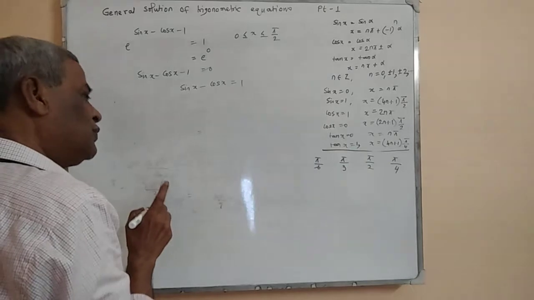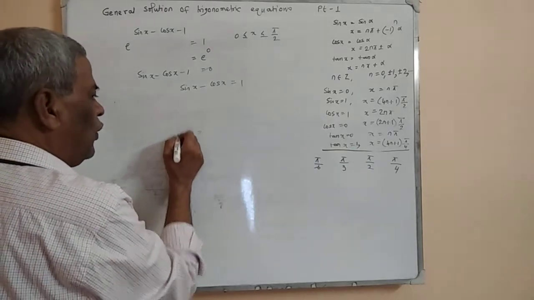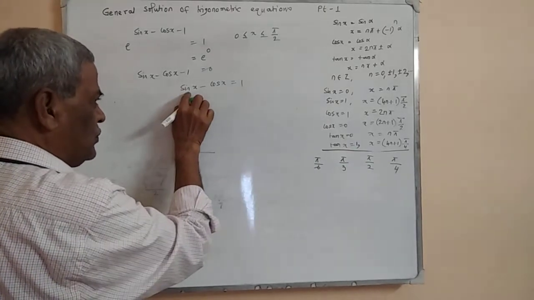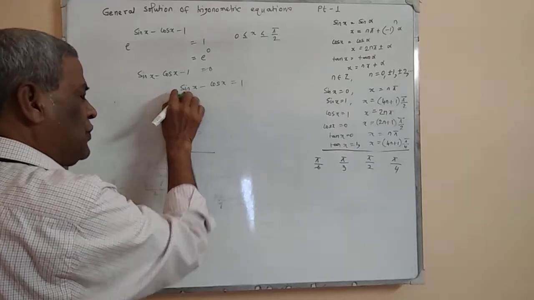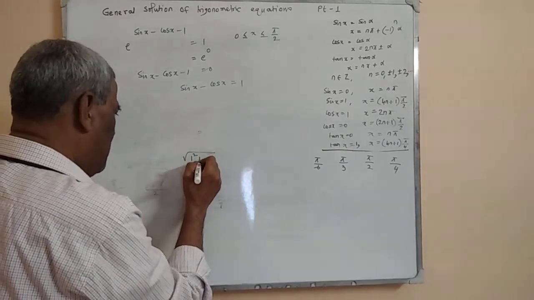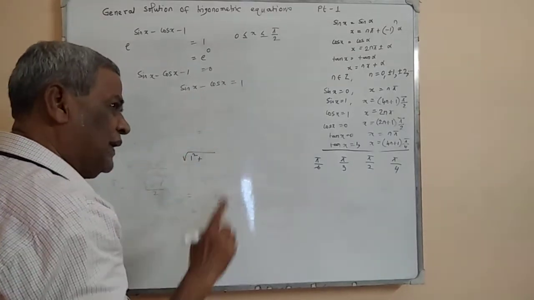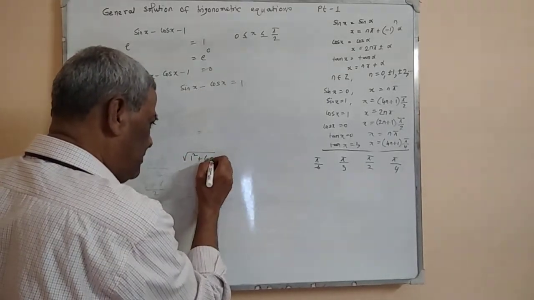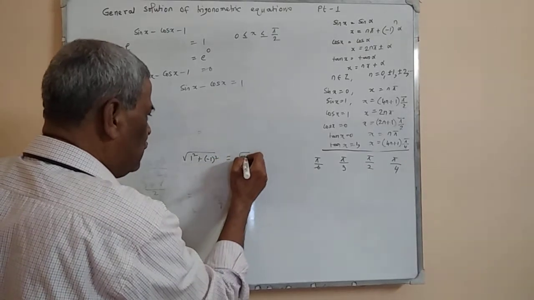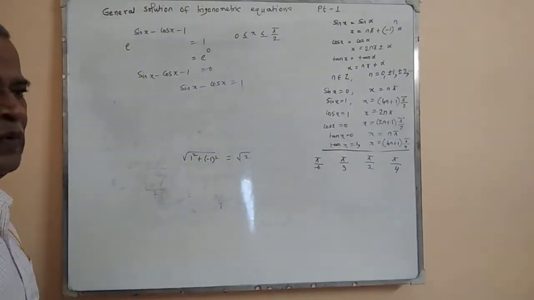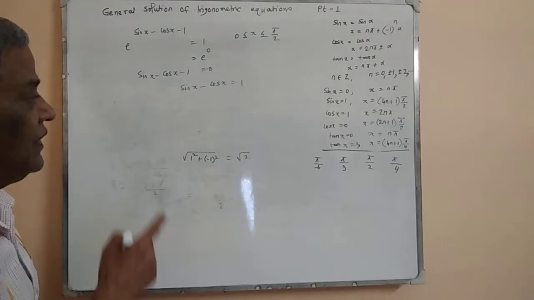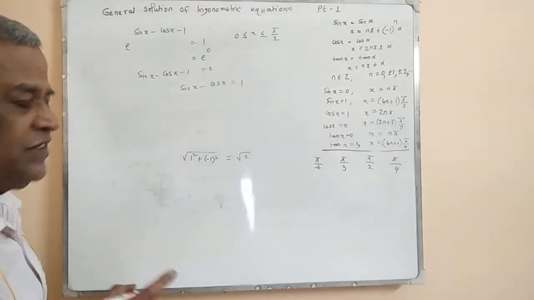So divide both sides by the square root of the coefficient of sin x squared plus the coefficient of cos x, that is minus 1, squared, that is root 2. Divide throughout by root 2 and it can be converted to a single trigonometric function.